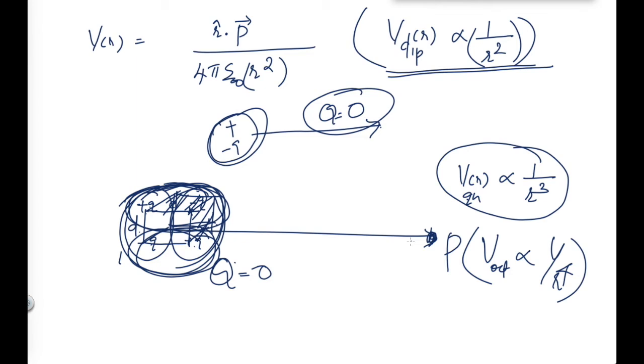Okay, so what we know is that instead of a perfect point charge, if you have an arbitrary localized charge distribution, even though the net charge is equal to 0, you are going to have potential due to higher order multipole moments.